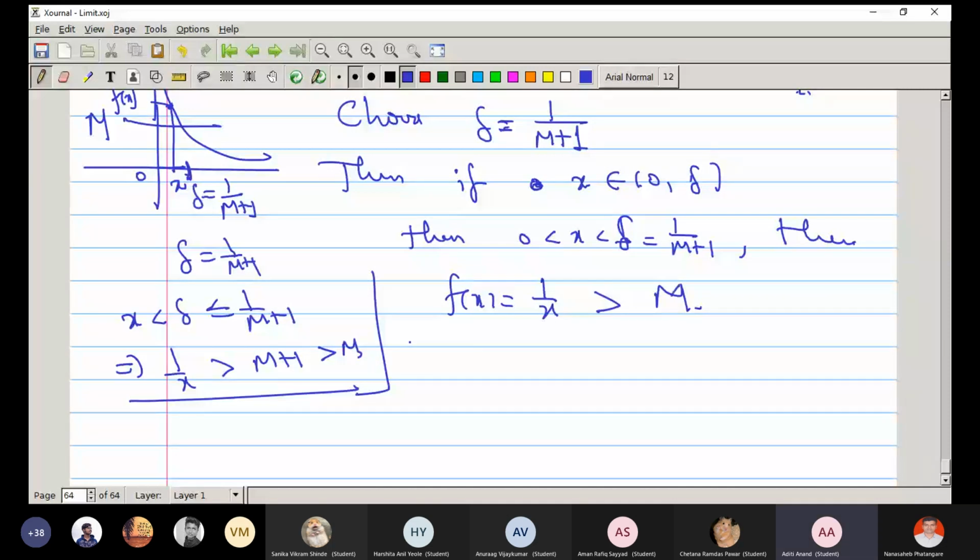Yes. Do you agree? Yes, sir. Fine. So therefore given any m, I can give you delta. Whenever x lies in between 0 and delta, f of x is greater than m.